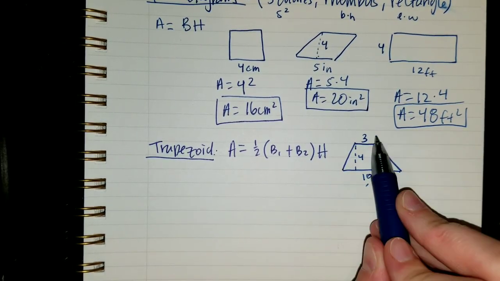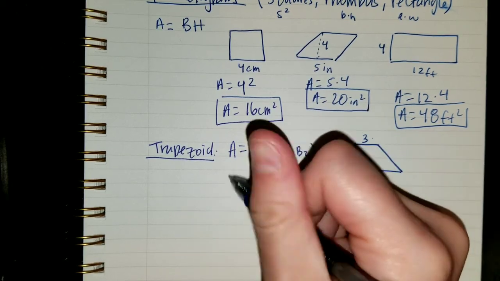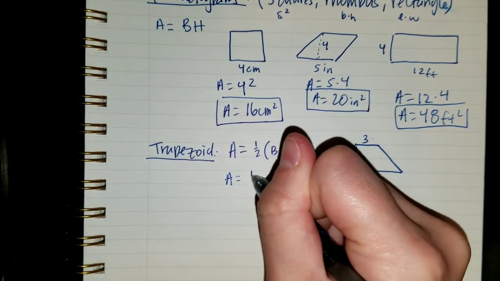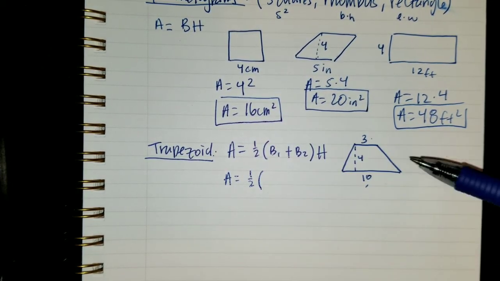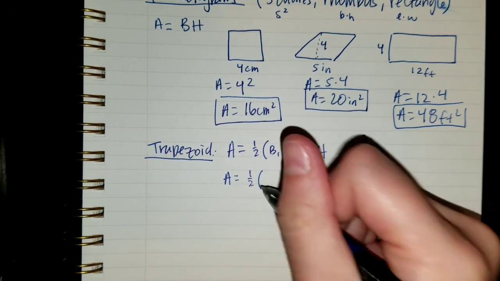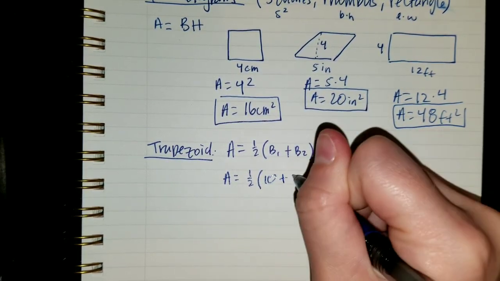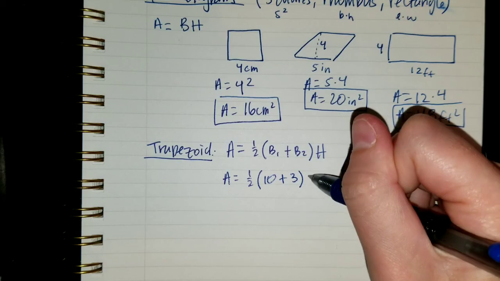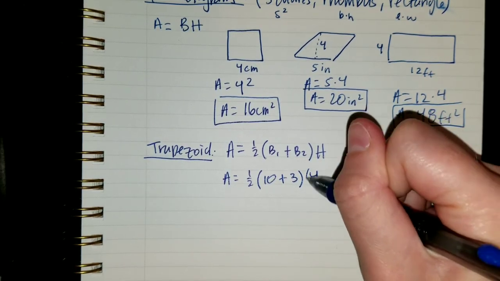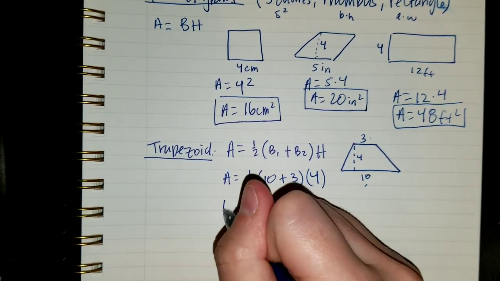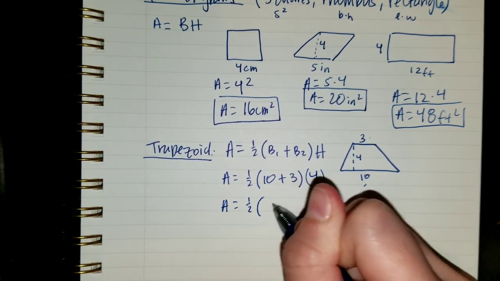So if this is 10 and this is 3 and this is 4, we're going to say 1/2, base 1 is 10, base 2 is 3. We add our bases and then we multiply by our height. So we're going to show our order of operations.